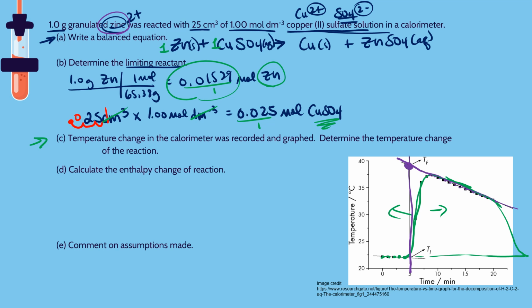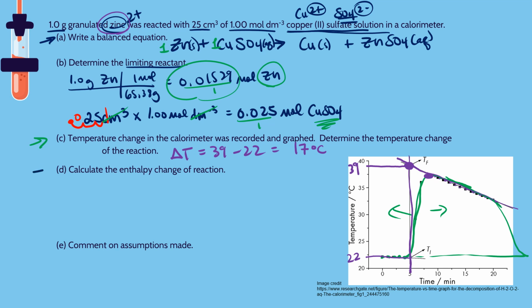And this point is going to be our final temperature. And so we're going to measure our temperature change as being 39 degrees Celsius minus 22 degrees Celsius. So temperature change, delta T, is 39 minus 22. That's going to give us 17 degrees Celsius as our temperature change.